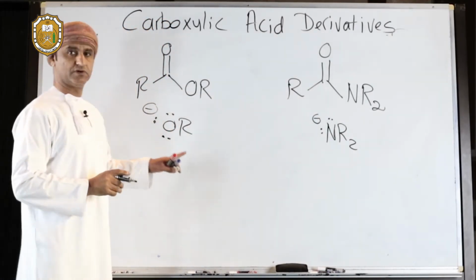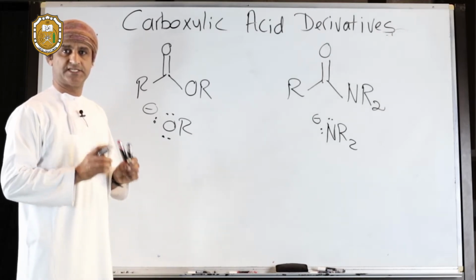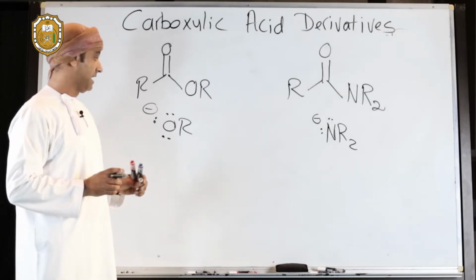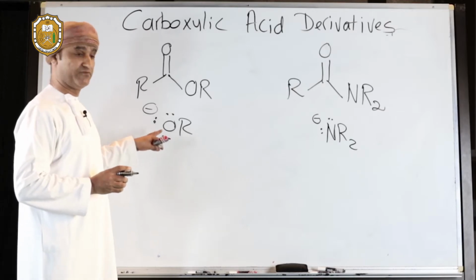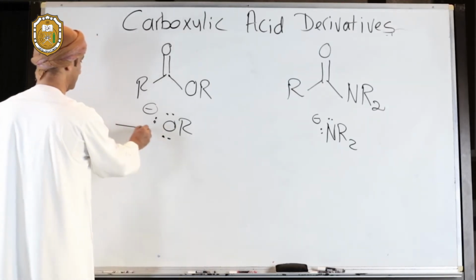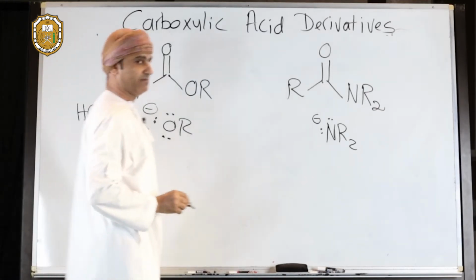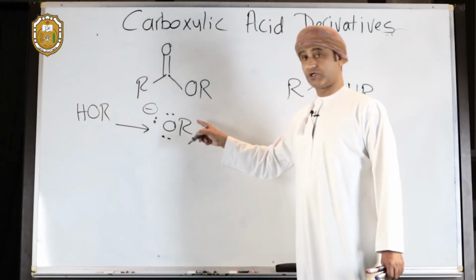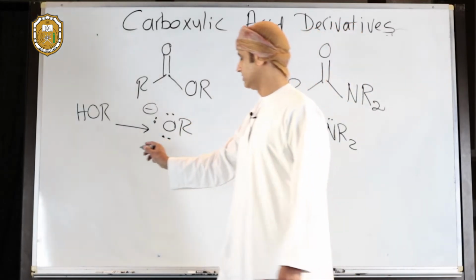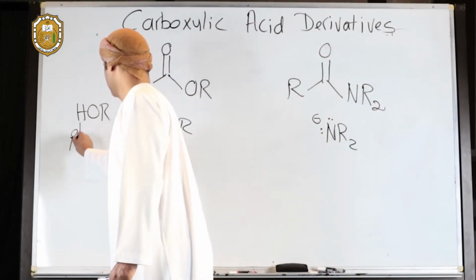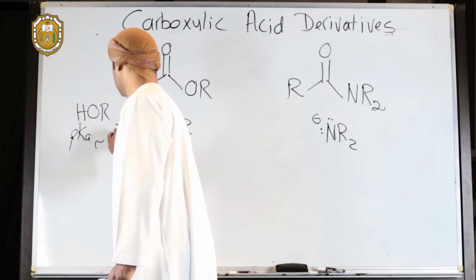So we need to look now at the base strength. Now, alkoxides come from alcohols, so we can look at the strength of the acid. Alkoxides come from alcohols, or are conjugate bases of alcohols, and alcohols have a pKa of about 16.